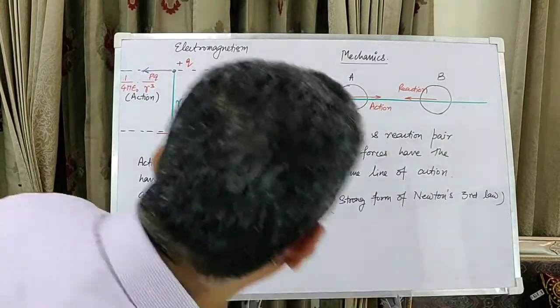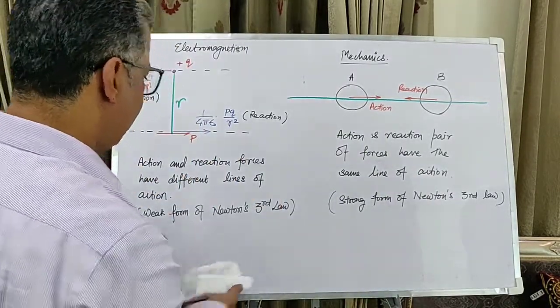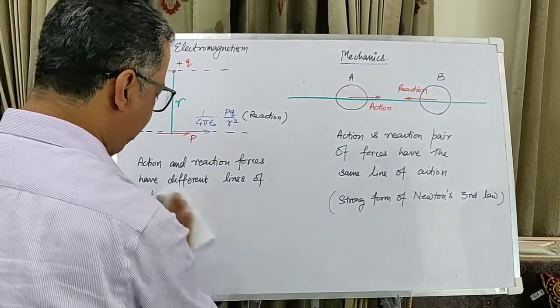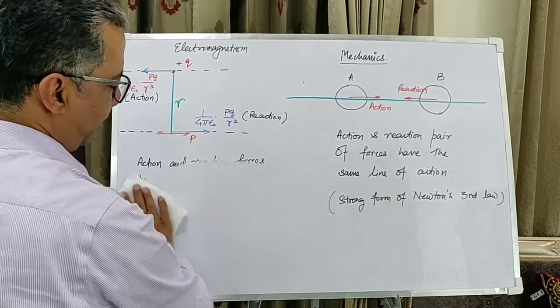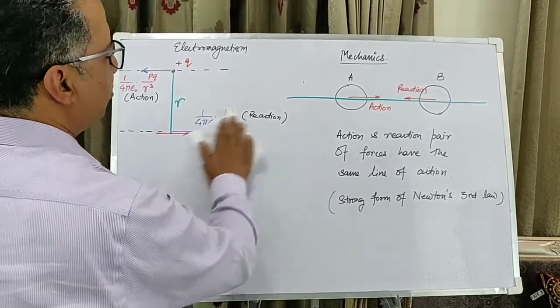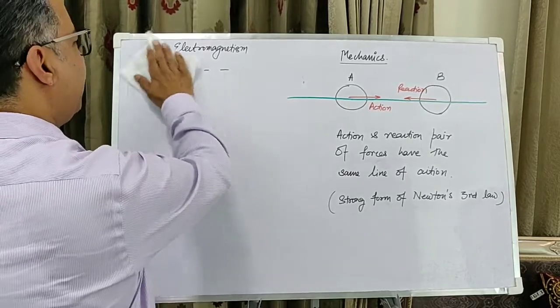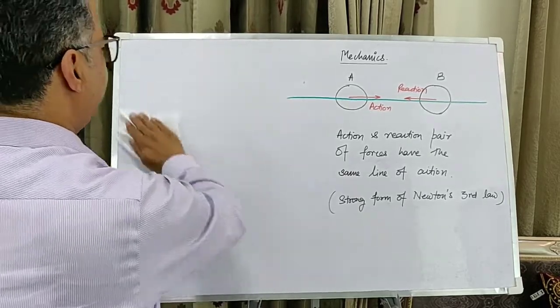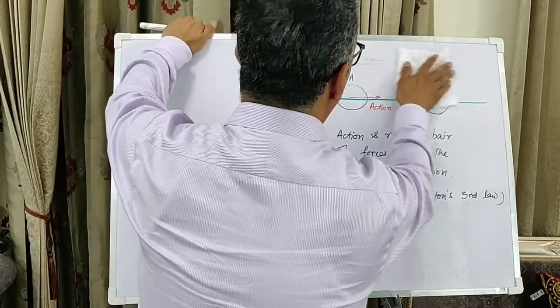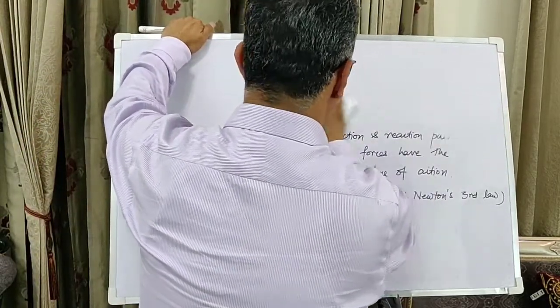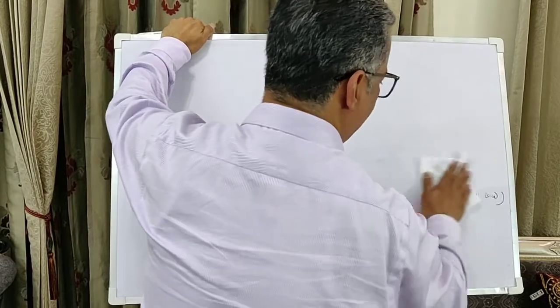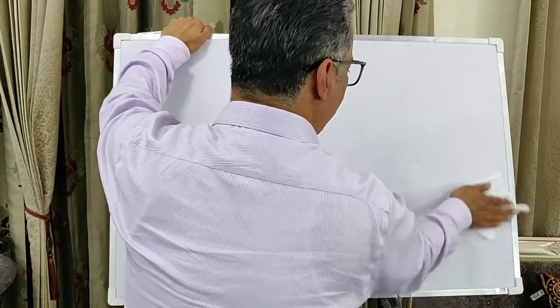So that then is Newton's third law, some additional information on the third law. Remember therefore that in electromagnetism it's the weak form of the third law that is followed.